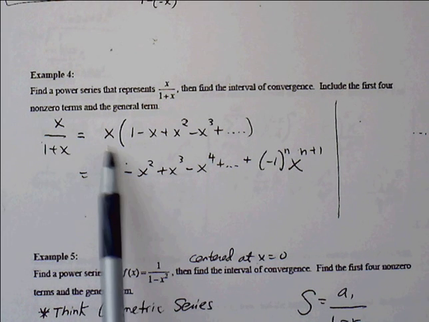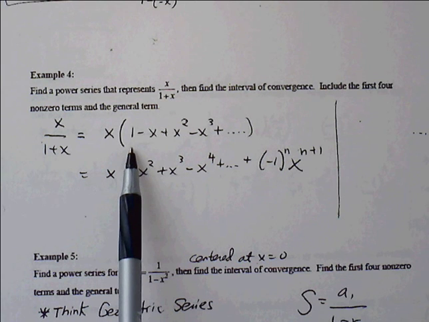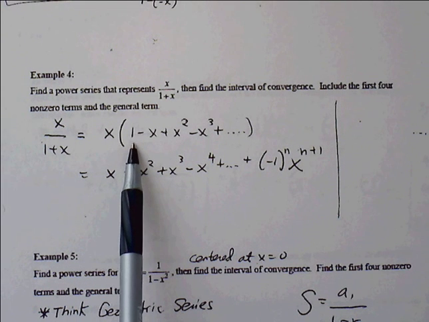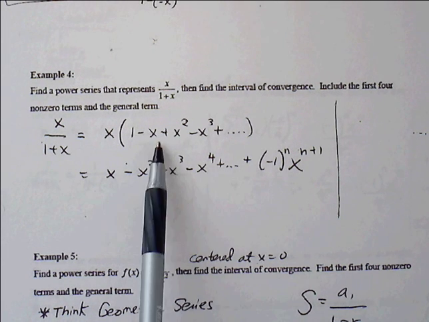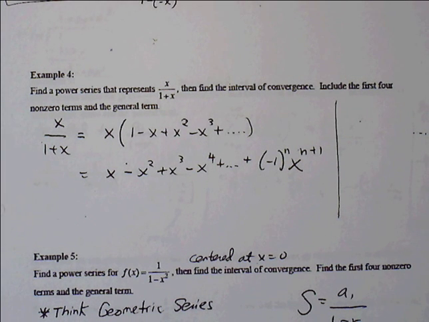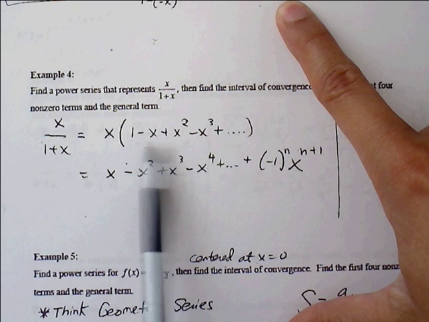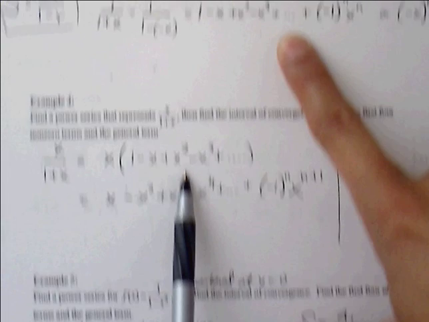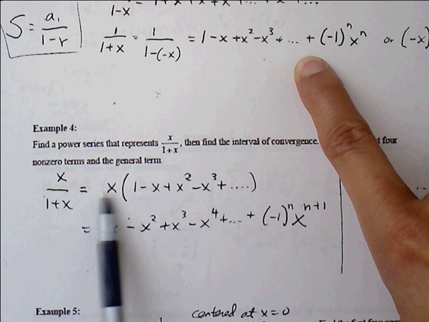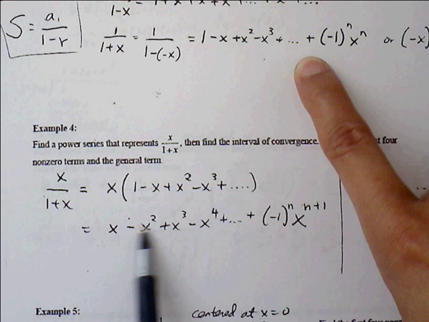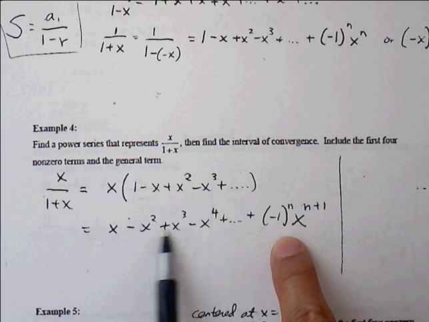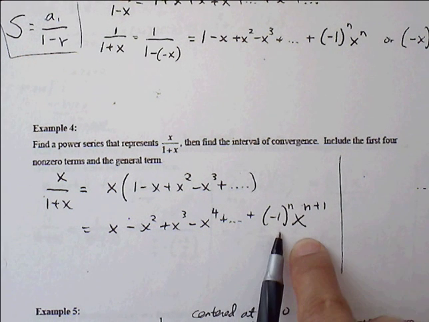So if we take out the x, we're going to have x times 1 minus x plus x squared minus x cubed, because that's simply from the series that we found from above. So we can take what we found from above and just multiply it by the numerator of x, and when we do that, we distribute the x through, and then we can look at the pattern of these terms to create our general rule of sequence.